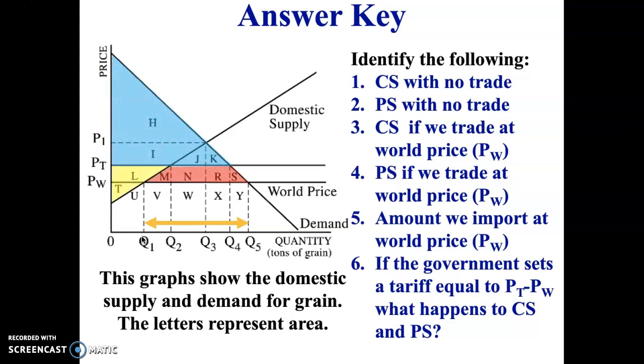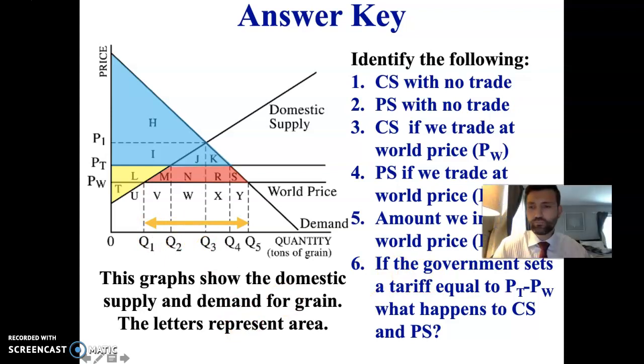And then if the government sets a tariff equal to P sub T minus P sub W, what happens to consumer and producer surplus? The blue area is the new area of consumer surplus. So consumers are better off with that world price plus a tariff, just so long as the price doesn't go up as far as it did originally at the no trade level.